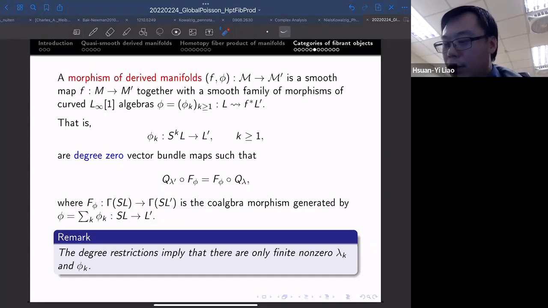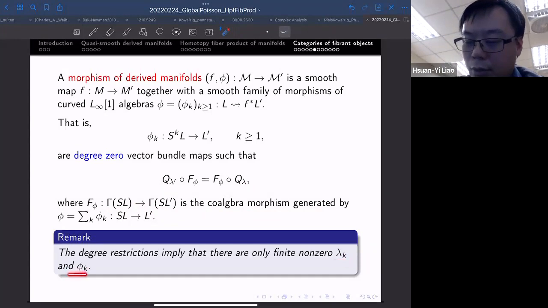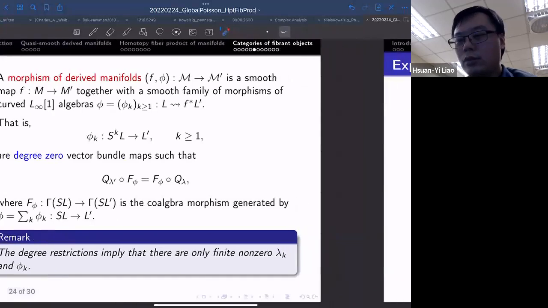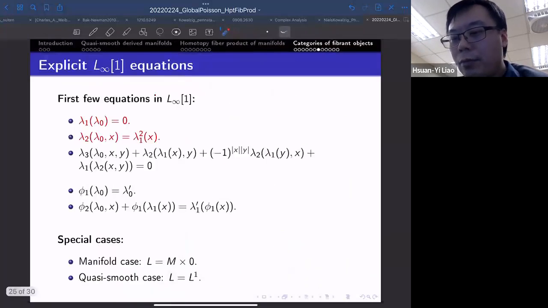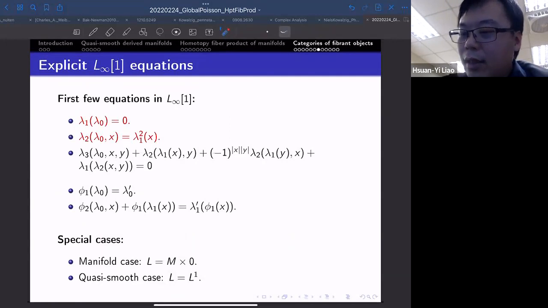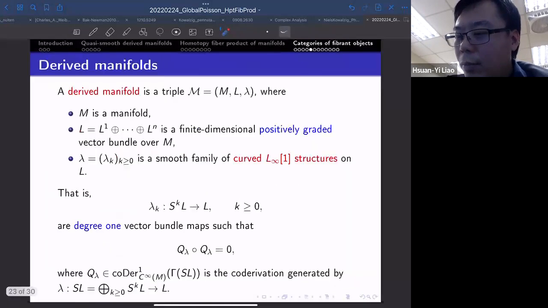And actually, here is a small remark. The degree restriction implies that we actually have only finitely many brackets and finitely many maps in the morphism. And here are a few of the actual equations in the L-infinity axioms. So the L-infinity structure starts with lambda 0.